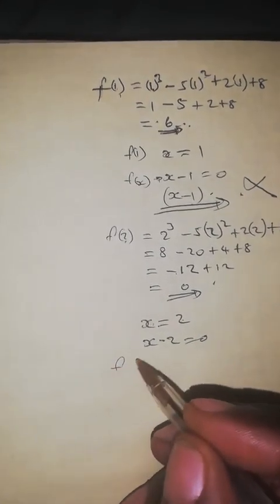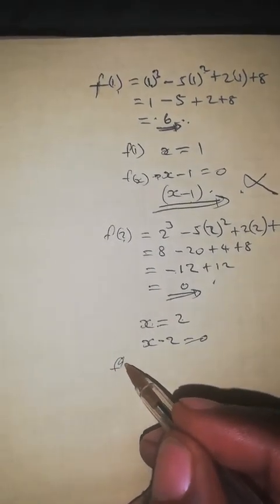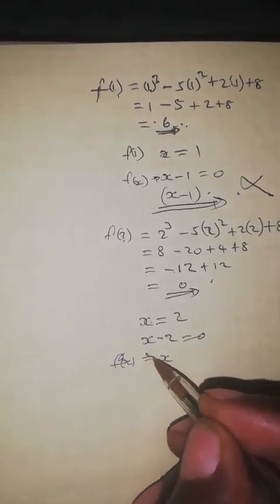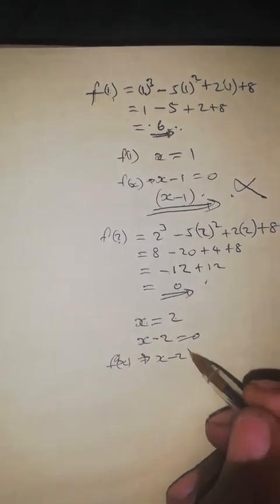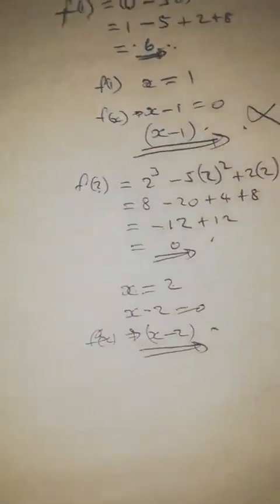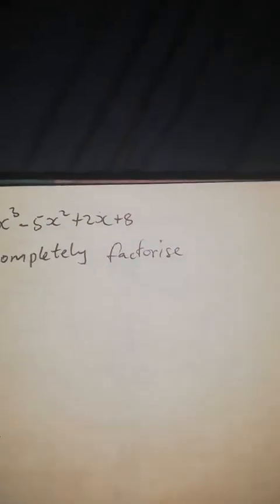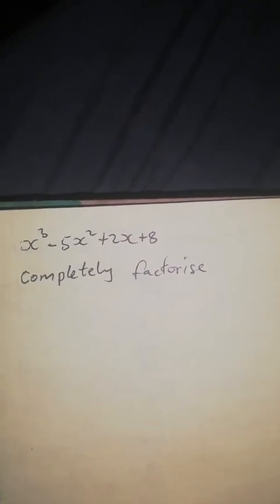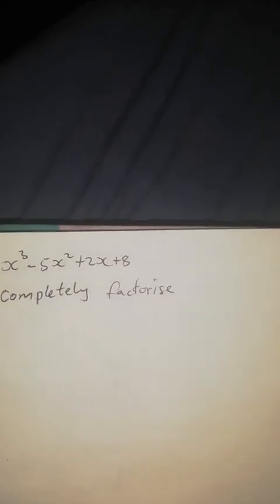Therefore, the factor is x minus 2. So this is a factor of x cubed minus 5x squared plus 2x plus 8.